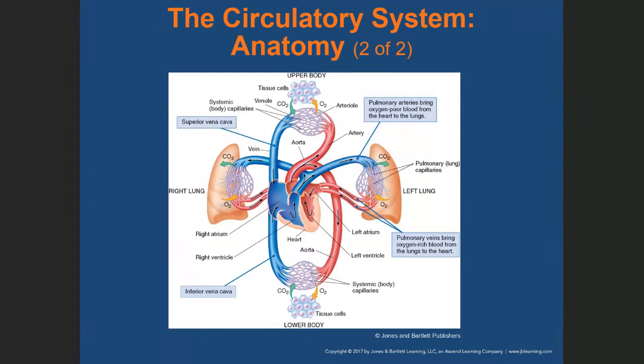The heart has two upper chambers that are responsible for receiving blood and two lower chambers that are responsible for distributing blood. The upper chambers of the heart are the right atrium and the left atrium. The lower chambers of the heart are the right ventricle and the left ventricle.